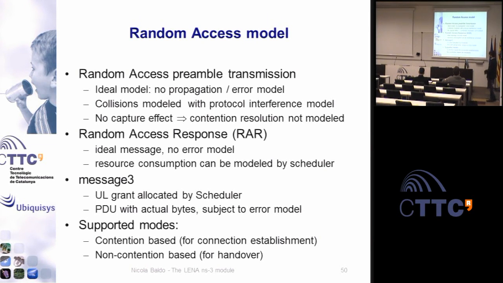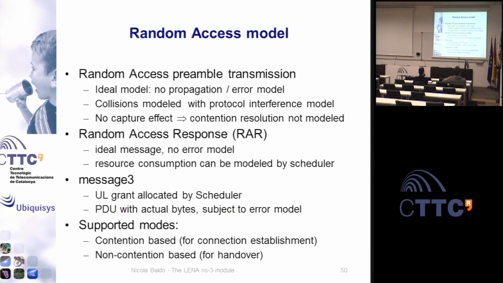For the random access response, we again model it with an ideal message that is not subject to errors, but we trigger the necessary femtoforum API primitives with the scheduler, so that the scheduler can take care of the allocation of resources for the random access response.